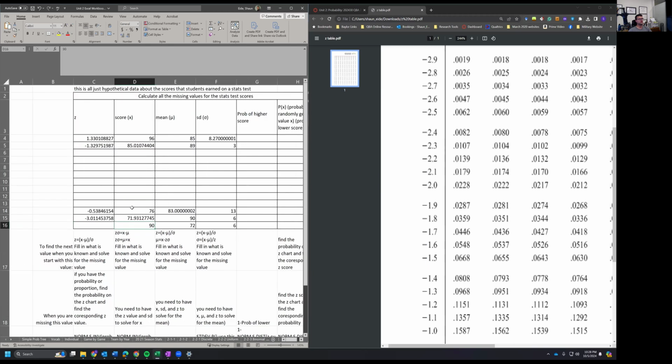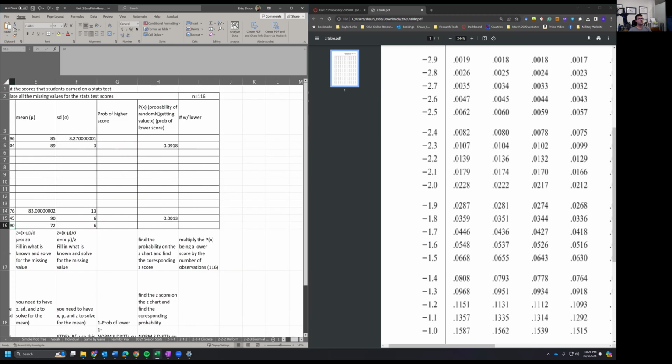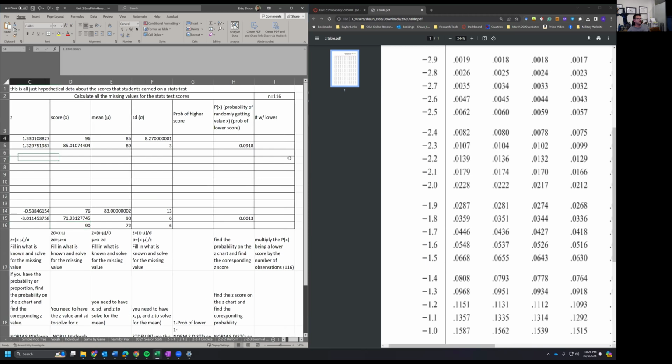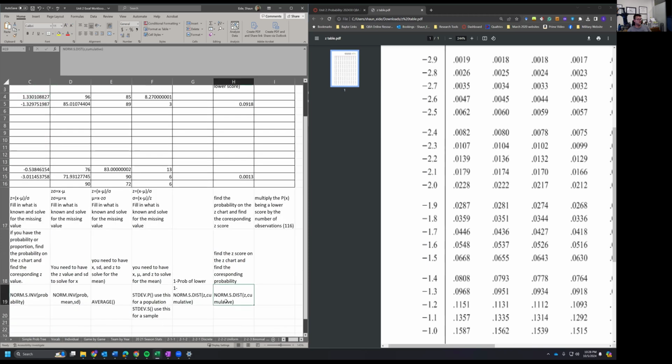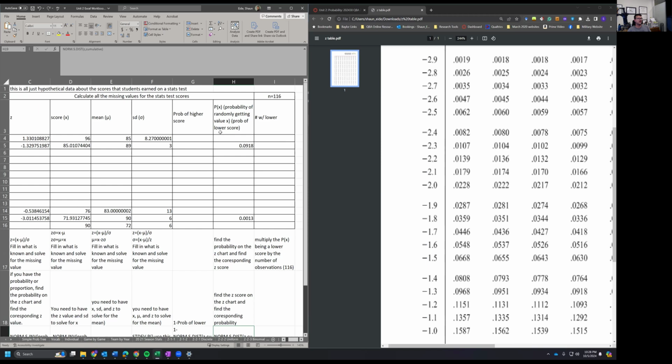And then also if you want to know, hey, what is the probability of somebody getting lower than you? You come over here to this right-hand side, and you look down here, it says norm.s.dist. And norm.s.dist will give you the probability of getting lower than any particular z-score.